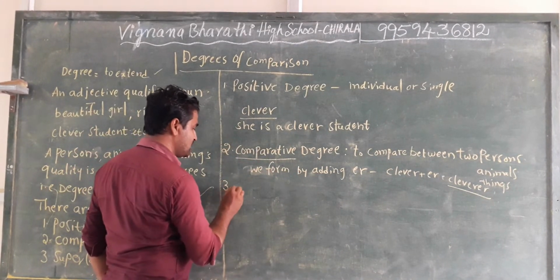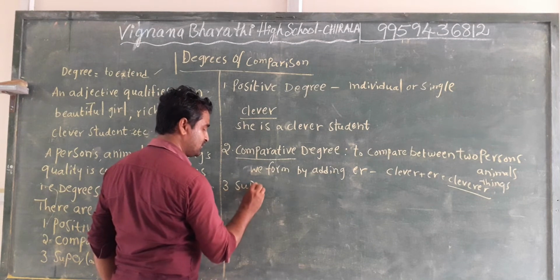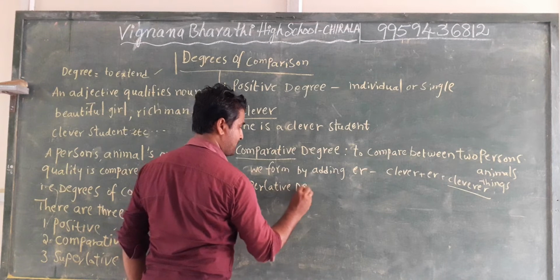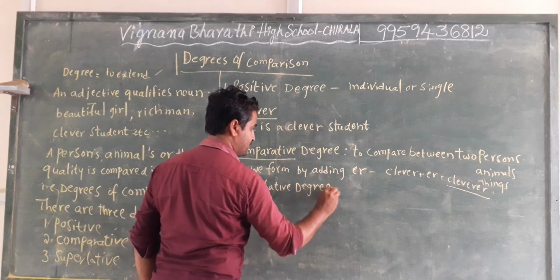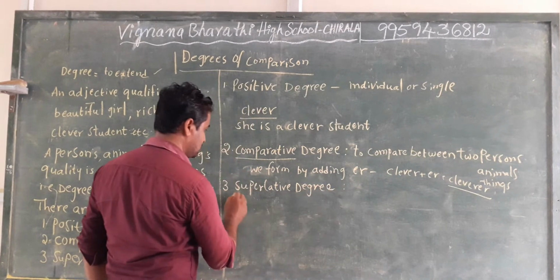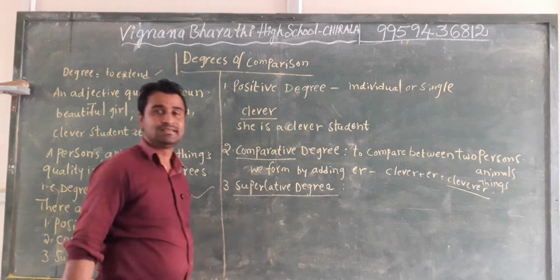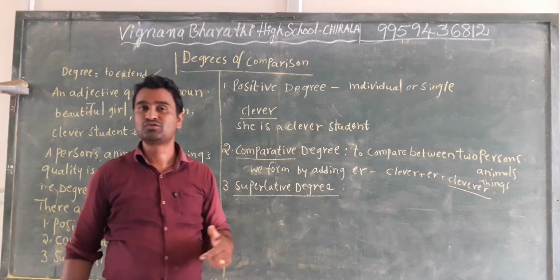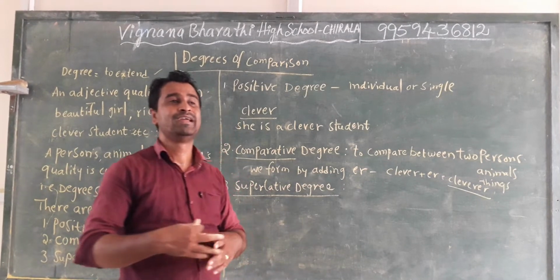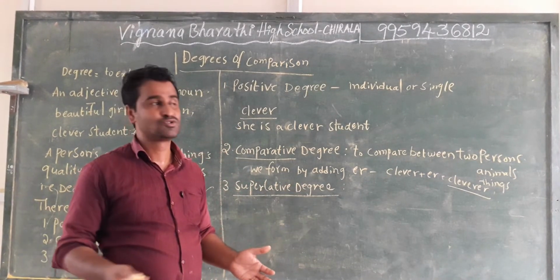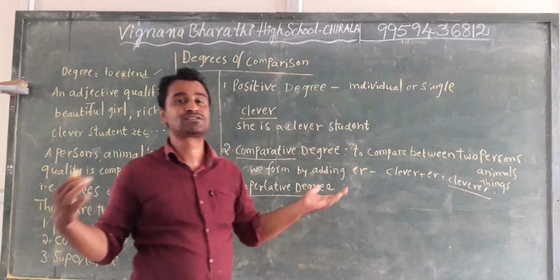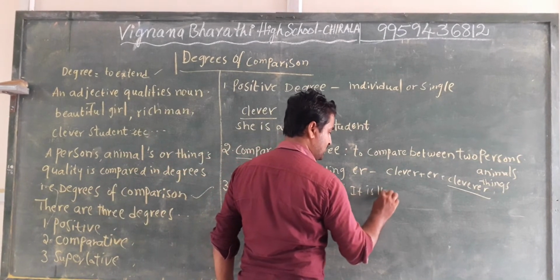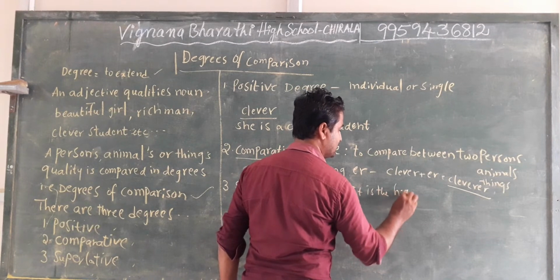And the third is superlative degree. What do we mean by super? Super means it is extraordinary. Super means it is the highest quality.